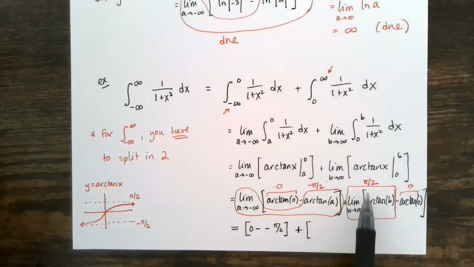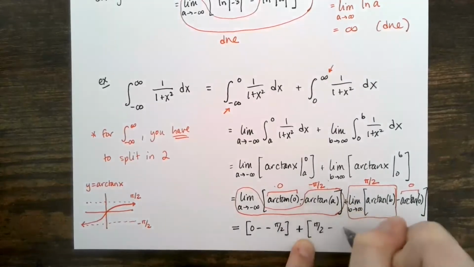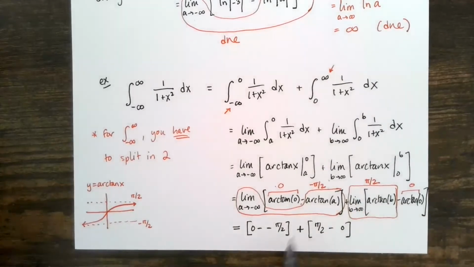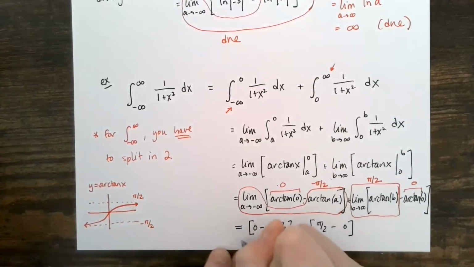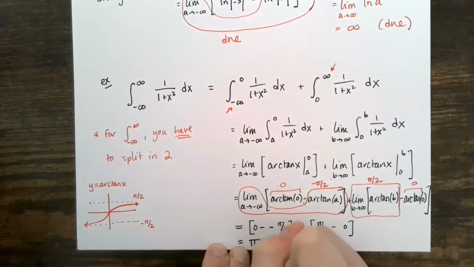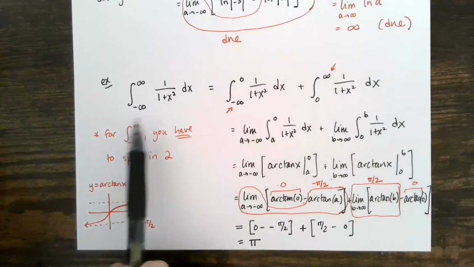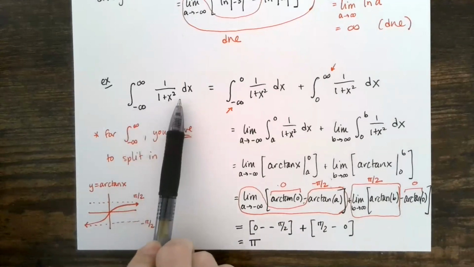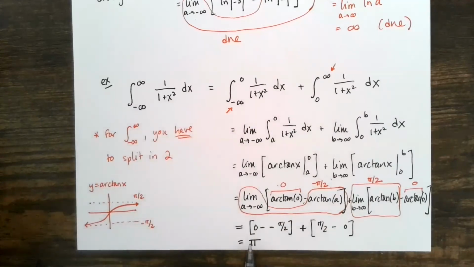Plus pi over 2 minus 0. Right, so this is positive pi over 2 here, plus another positive pi over 2 here. And I have just enough space to write my final answer. My final answer is pi. So if you integrate the area under this entire graph, forever to the left and forever to the right, it will add up to exactly pi.